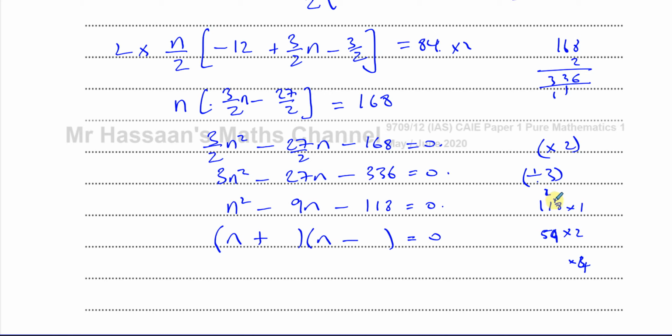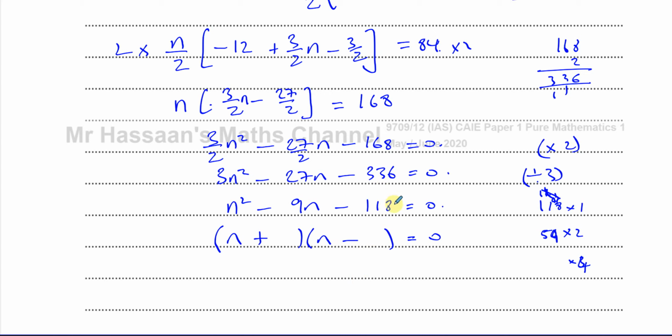Nope. 5, nope. 6 goes into 11 1 time, remainder 5. 7 goes into 11 1 time, remainder 4. No, 8 goes into 11 1 time, remainder 3. 9, no. I don't think anything goes into 118 here.